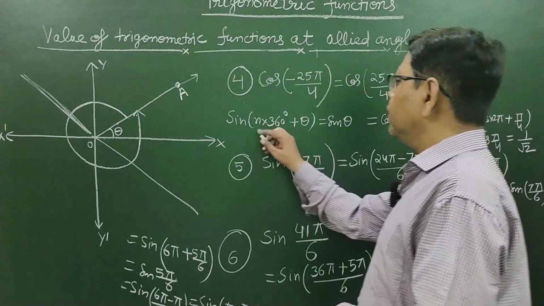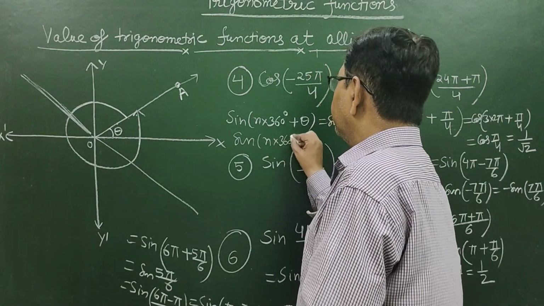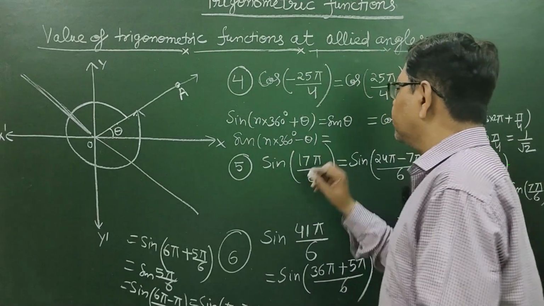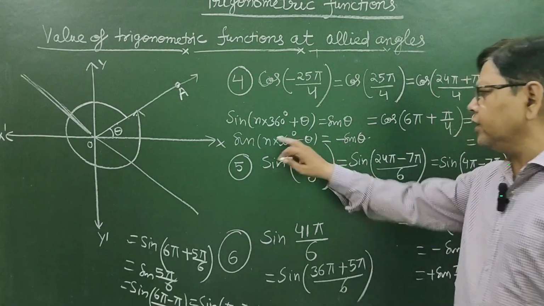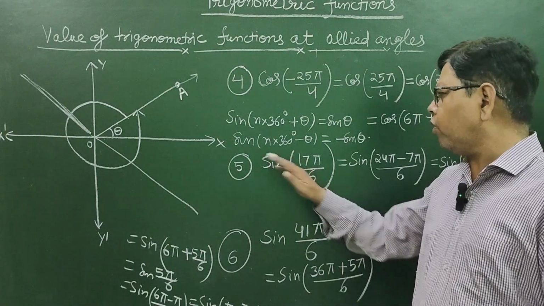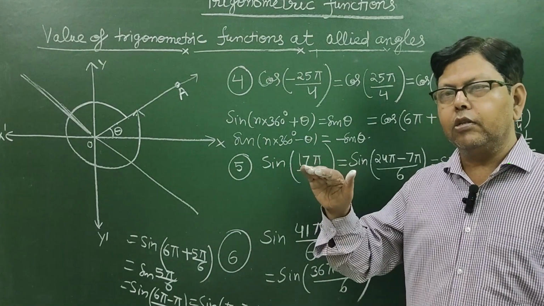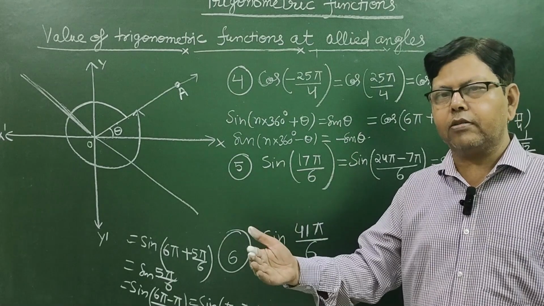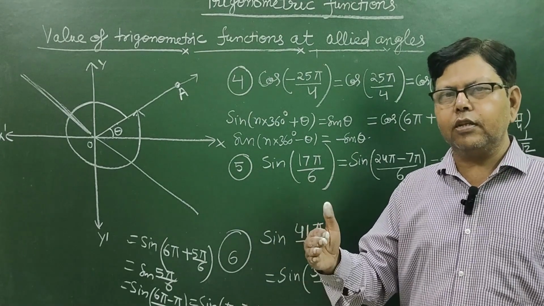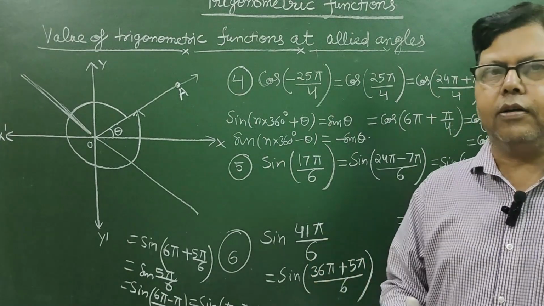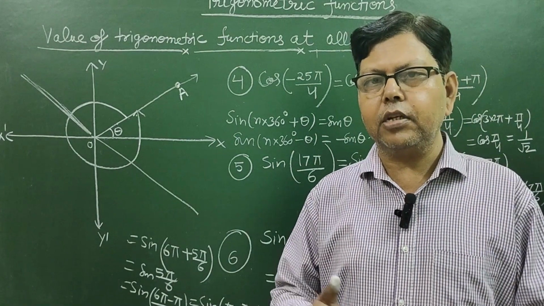Similarly, if you write that angle as n into 360 degrees minus theta, then it will be equal to sine of minus theta, that is minus sine theta. But in the case of cos, cos of n into 360 minus theta will be equal to cos of minus theta, and cos of minus theta is equal to cos theta. So in this way you can evaluate angles which are bigger than 360 degrees.